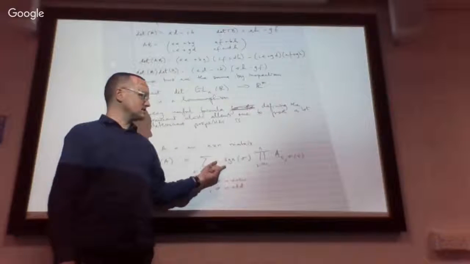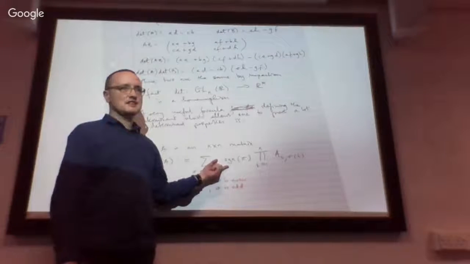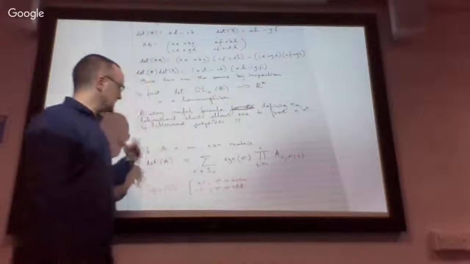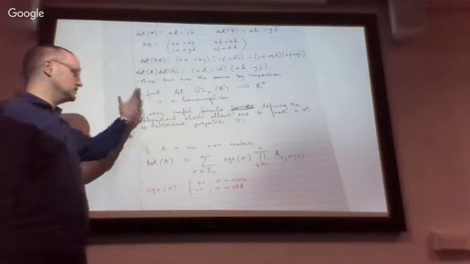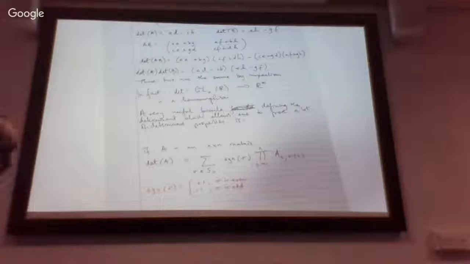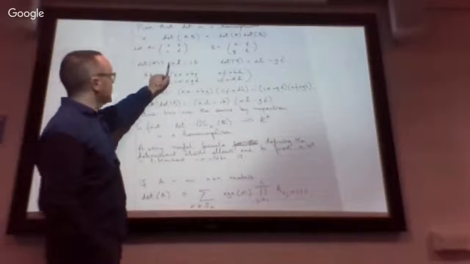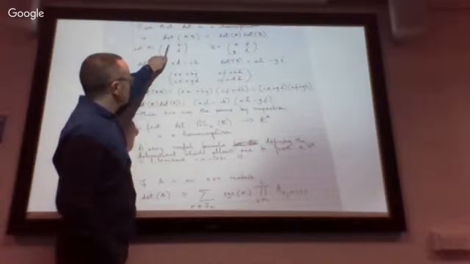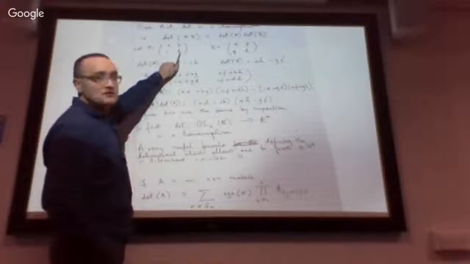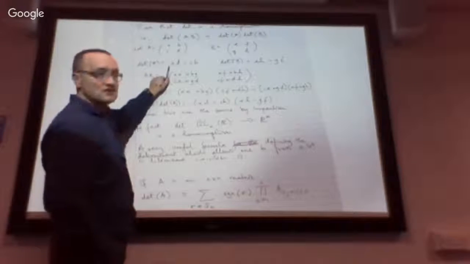Some of them have a positive sign, some of them have a negative sign. So this is the same determinant that you've defined in other ways through cofactor expansions and so on, and you're familiar with the idea. You can even see it here. When you expand out the 2 by 2 determinant, we take the first entry from the first row, the second entry from the second row, and attach a certain sign to it.